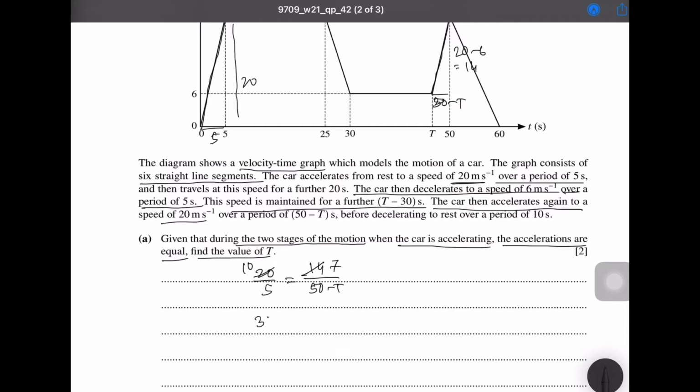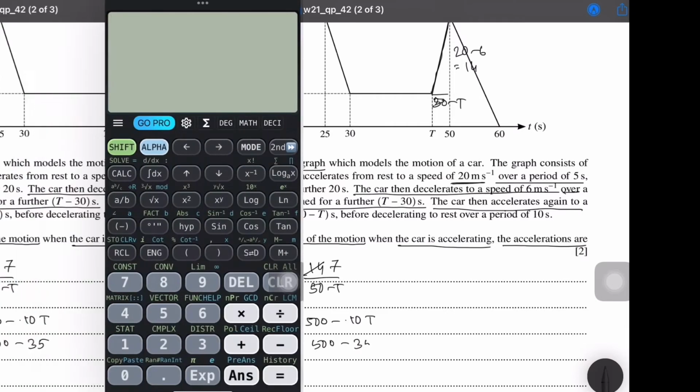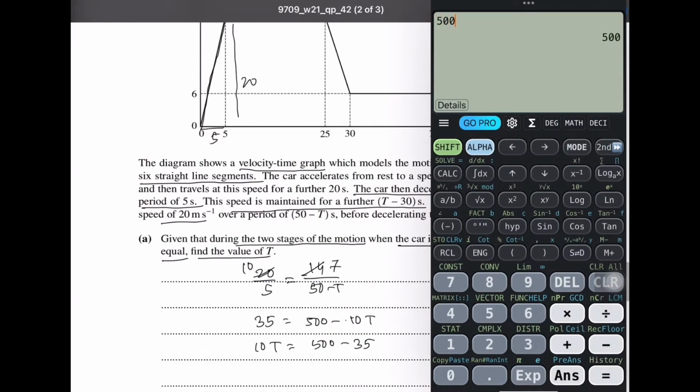So 35 equals 500 minus 10t. Now simplify. 10t equals 500 minus 35. 500 minus 35 divided by 10. t is 46.5 seconds.